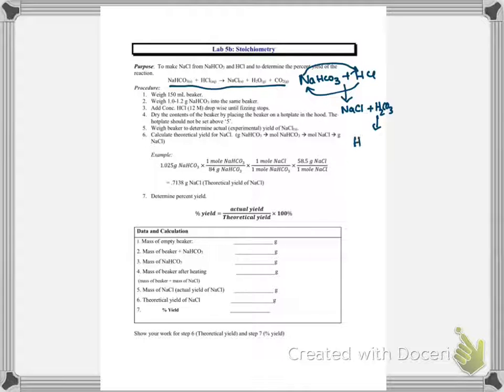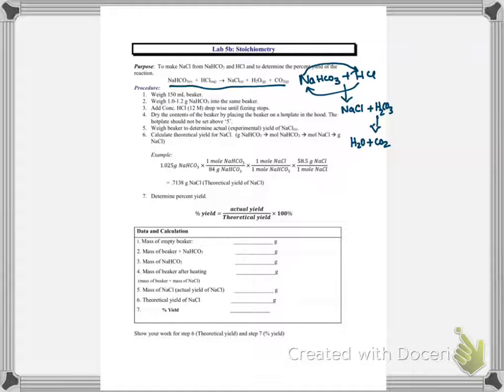It breaks down to produce H2O and CO2. So ultimately your overall reaction is sodium bicarbonate on reaction with hydrochloric acid gives sodium chloride, water and carbon dioxide. And the equation is already balanced.